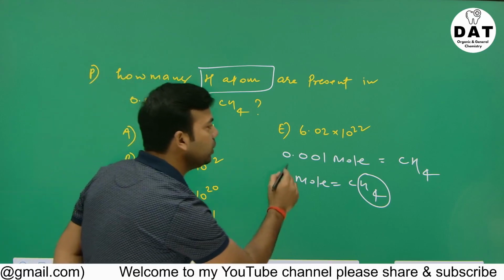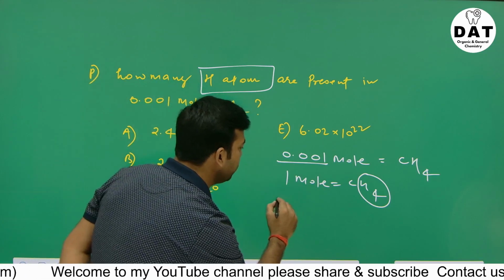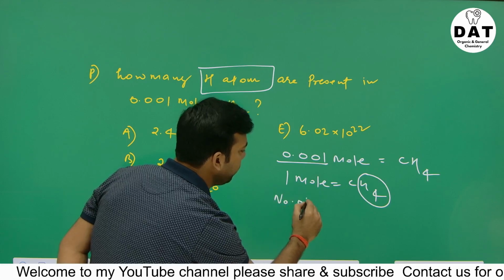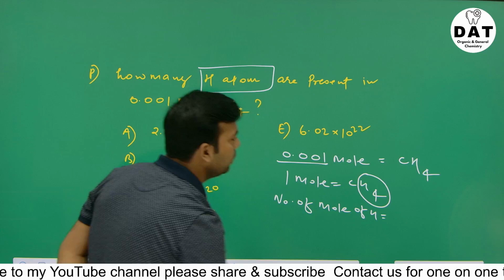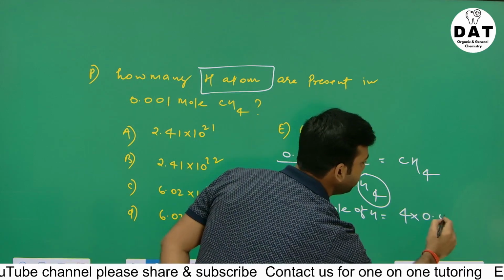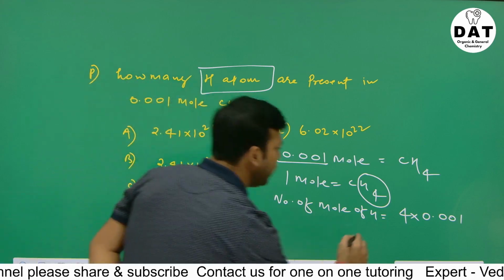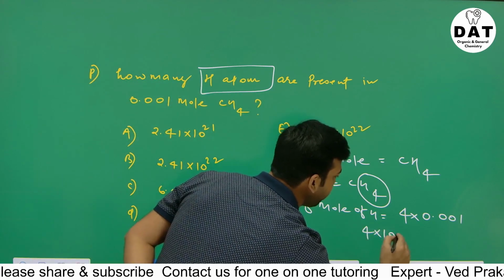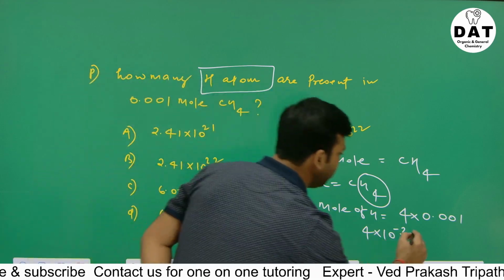So how many hydrogen in 0.001 mole? Just multiply. So number of mole of hydrogen will be 4 into 0.001, which means 4 into 10 to the power minus 3. Clear? That is my mole of hydrogen.